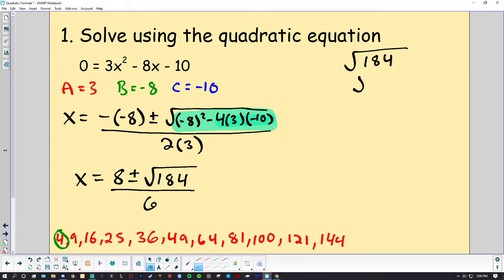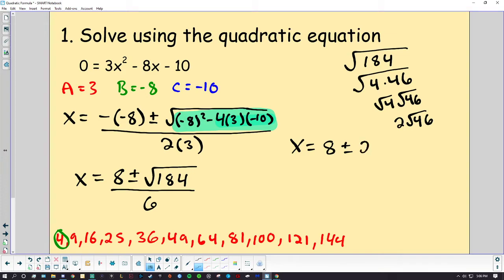It can be broken down into the square root of 4 times 46, which breaks down even farther into the square root of 4 times the square root of 46, which is 2 square root 46. Okay, let's substitute that back in. So we have x equals 8 plus or minus 2 times the square root of 46 over 6.